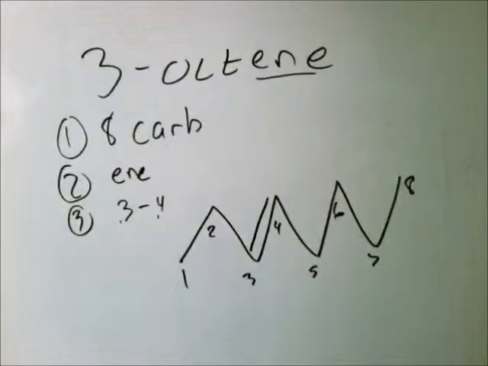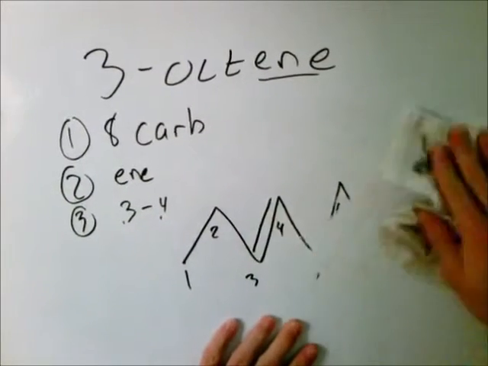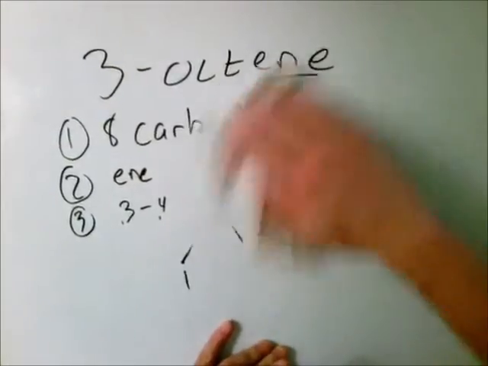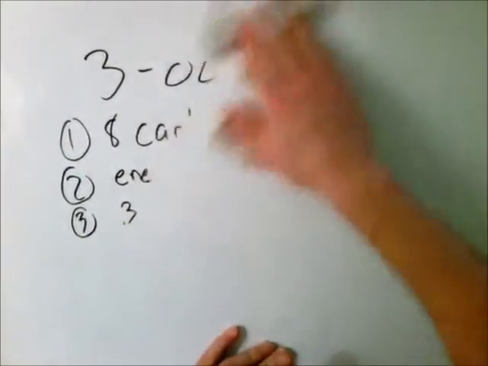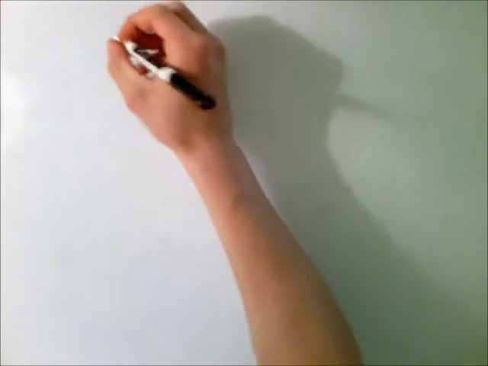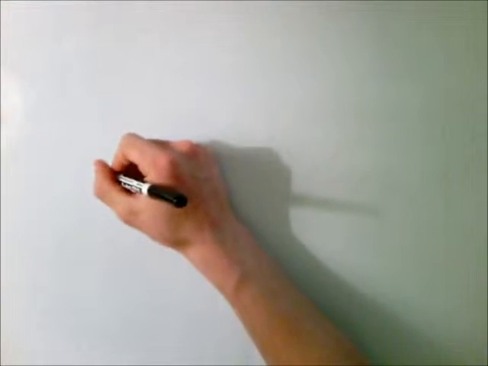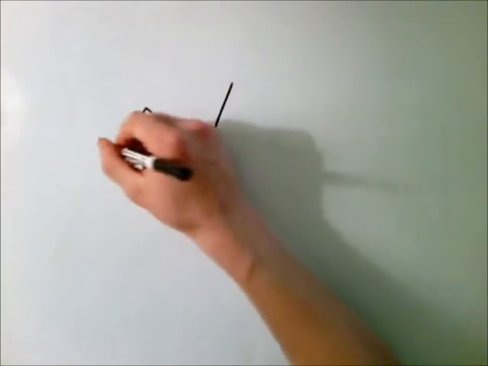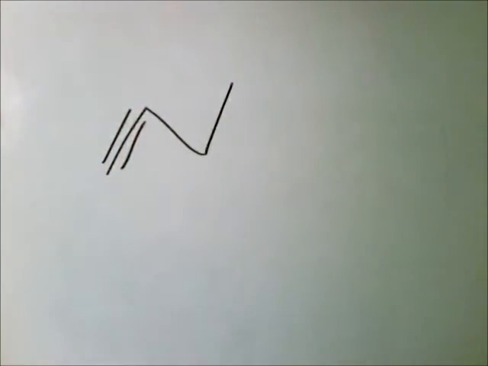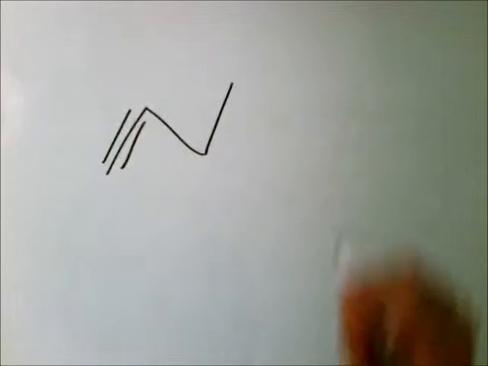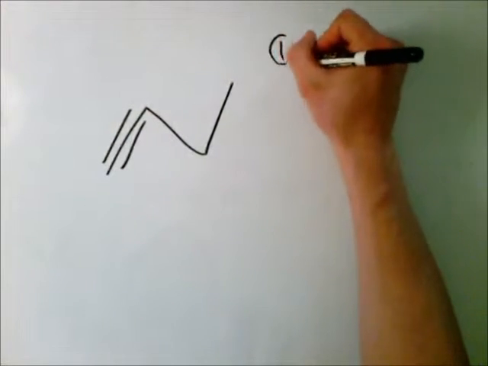Let's move on to alkyne nomenclature. If you get the hang of alkene nomenclature, it's the exact same thing, except the suffix changes. Let's start with this compound. Well, we still have to take our 3 pieces of information from it.